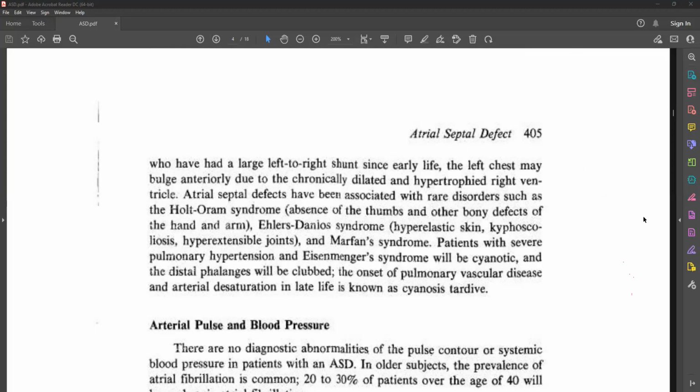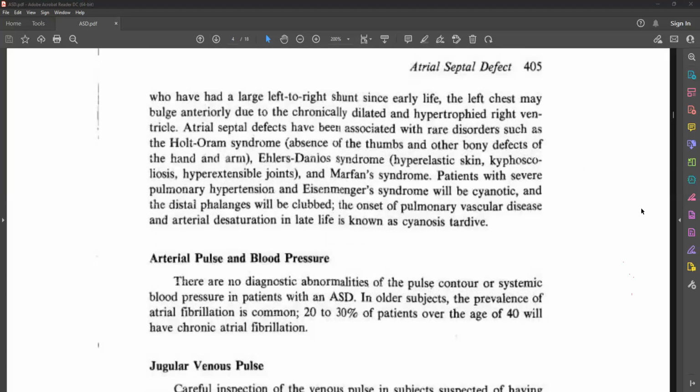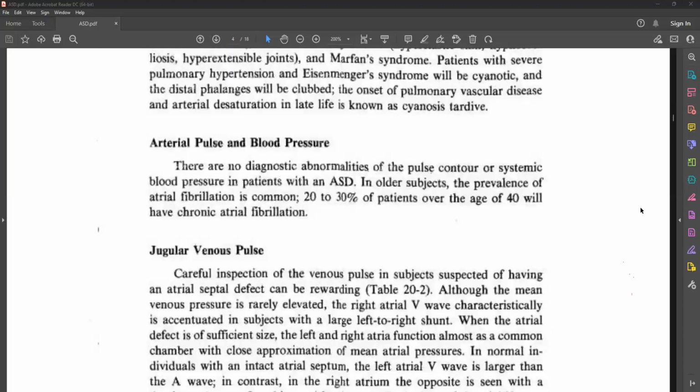Though you need to look for other signs, most of the time it is an isolated finding. Regarding arterial pulse and blood pressure, the arterial pulse and the blood pressure are usually not affected at all in atrial septal defect.